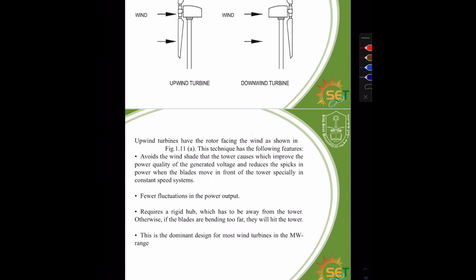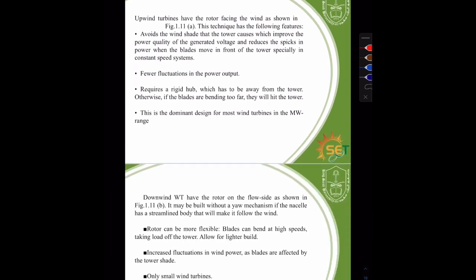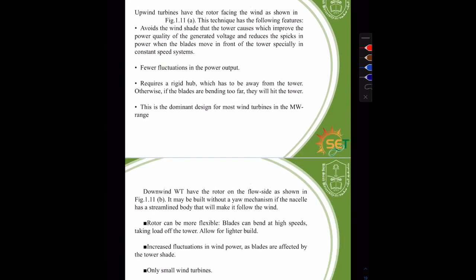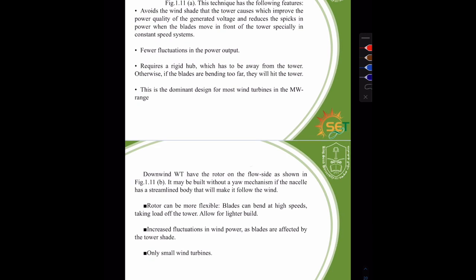They avoid the wind shade that the tower causes, which improves the power quality, with fewer fluctuations in the power output. It requires a rigid hub. This is the dominant design for most wind turbines in the megawatt range. For the downwind, the rotor can be more flexible, with increased fluctuations in wind power, only for small wind turbines.